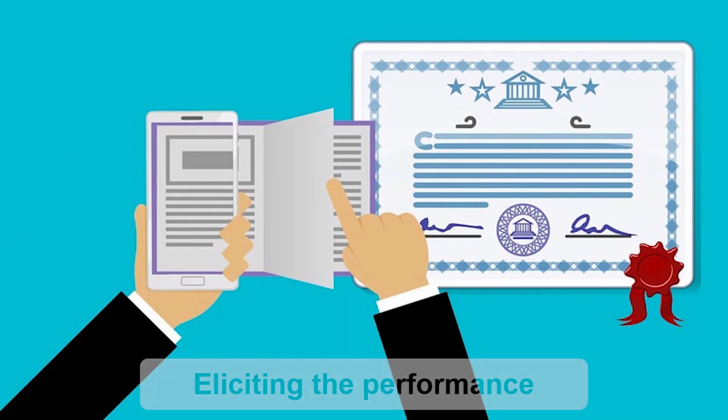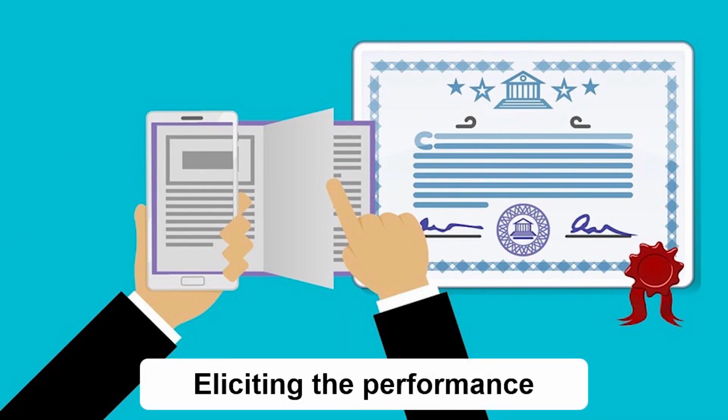Then comes the 6th event, that is eliciting the performance. When we are teaching, it is not a one-way traffic. It needs the learning experiences of the learner. For the learning experiences, we have to give some kind of task or performance to the learners.